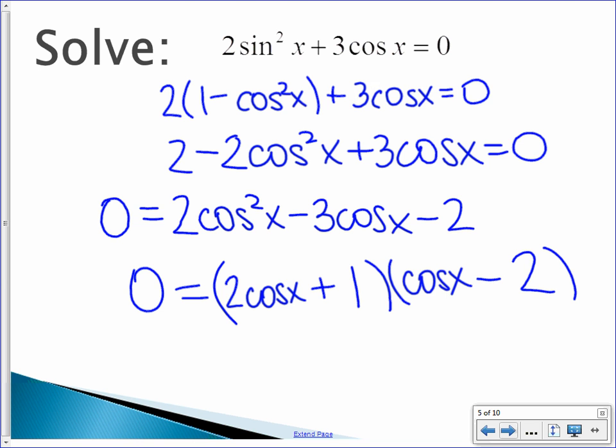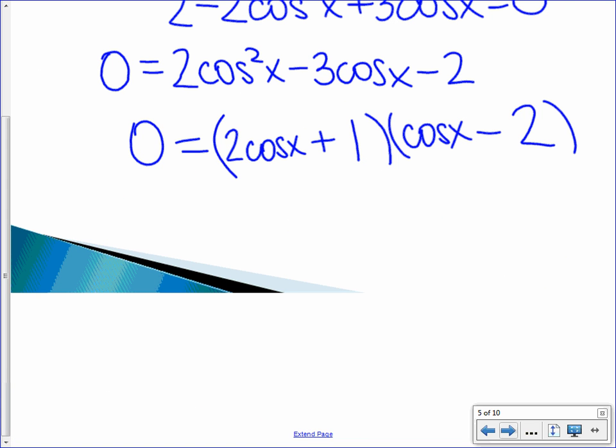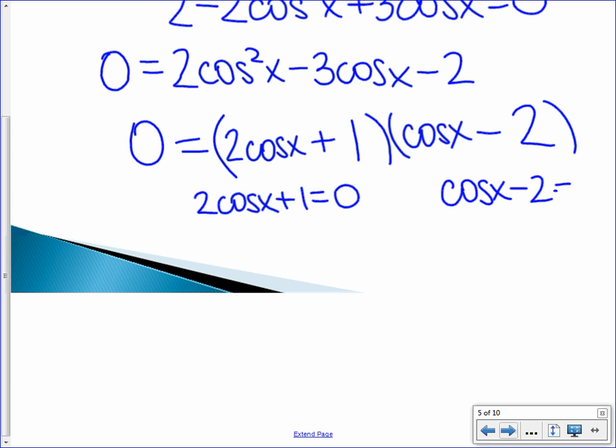Okay, so now what's happening? We have 2 factors that equal 0. We have 2 cosine of x plus 1 equals 0, and we have cosine of x minus 2 equals 0. Let's start over here. This just means that the cosine of x is negative 1/2.